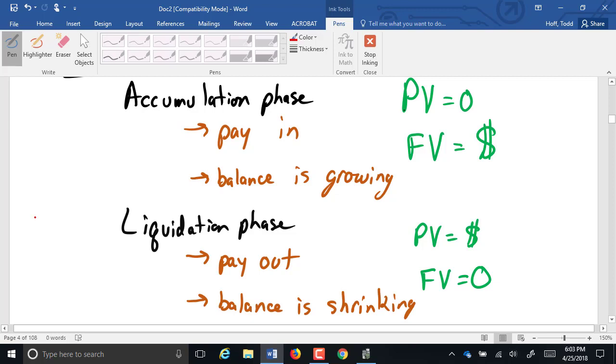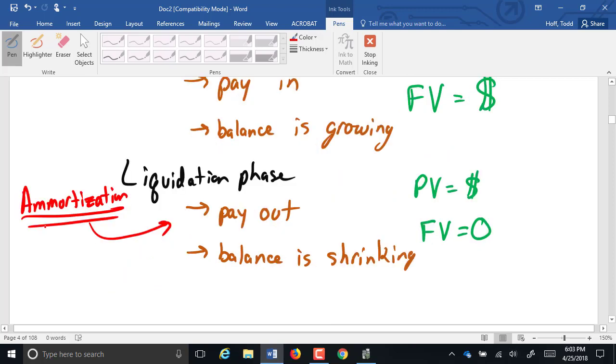Now, a loan or a mortgage undergoes an amortization. That also uses the same calculations as the liquidation phase of an annuity. It is referred to as a sinking fund. You think about it, it makes sense.